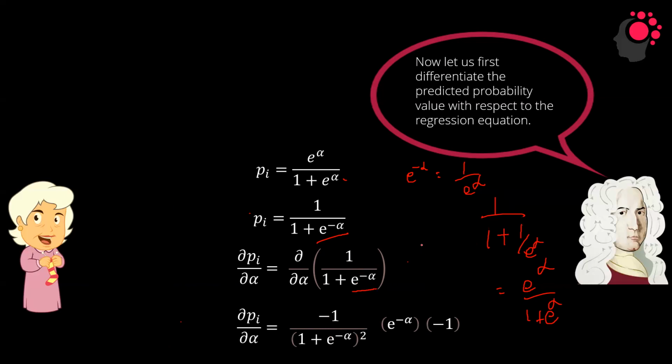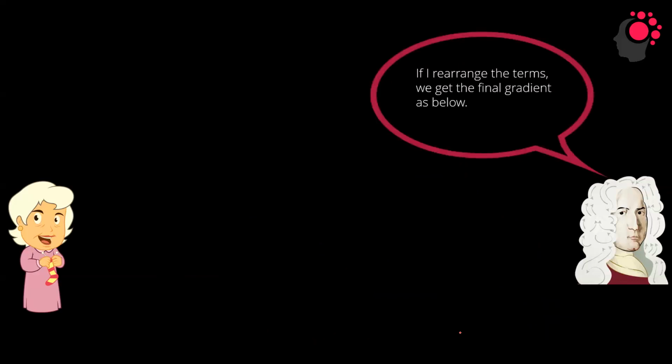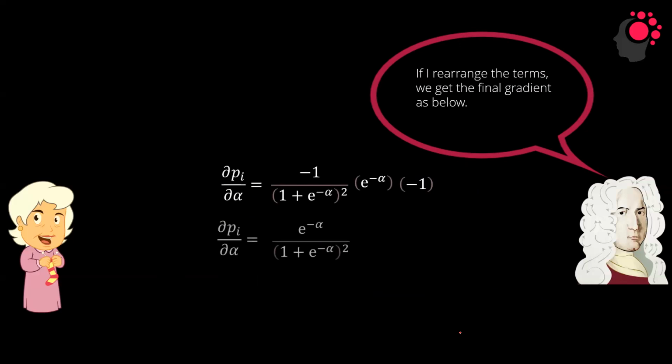The derivative of e power k is e power k again, because the rate of change of the exponential function is always the function value itself. It's e power minus alpha. And because I'm also differentiating minus alpha, that gives minus 1. If I multiply these terms, I get e power minus alpha in the numerator and (1 plus e power minus alpha) whole squared in the denominator.